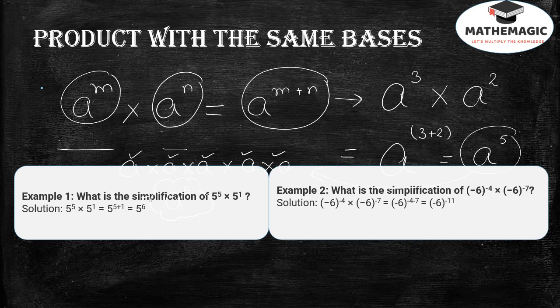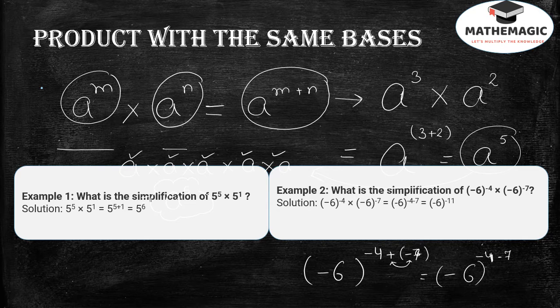So we can see here that the bases are the same, right? So we can write the base as minus 6, and as per the law, the powers should get added. So minus 4 plus minus 7. Minus plus minus, this will become minus, right?